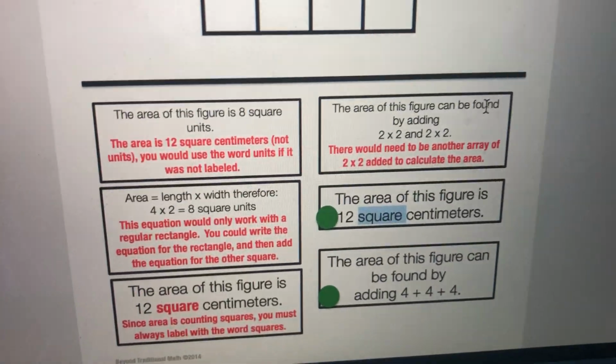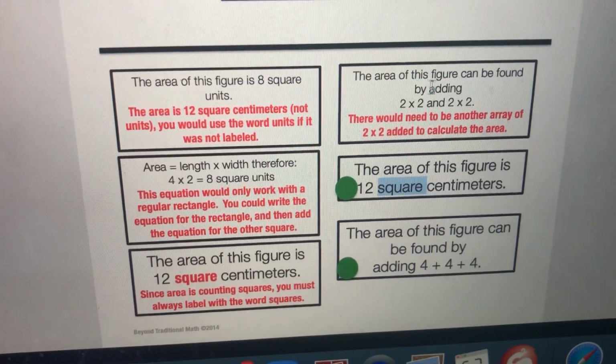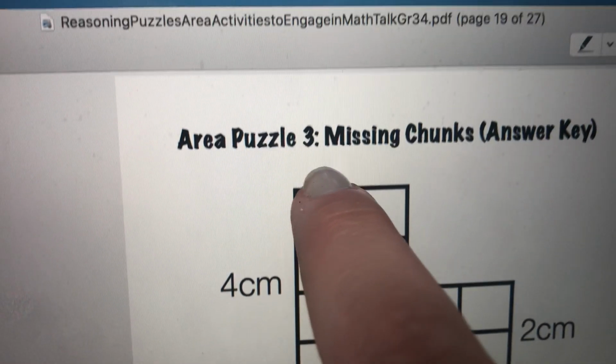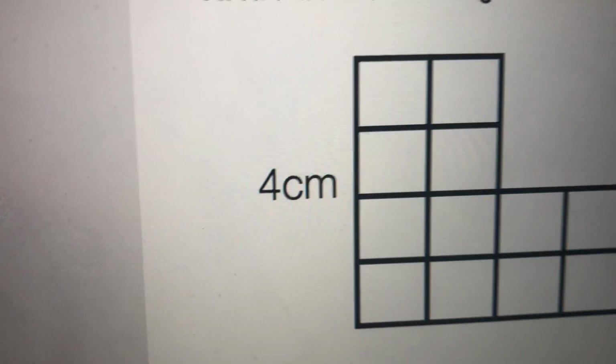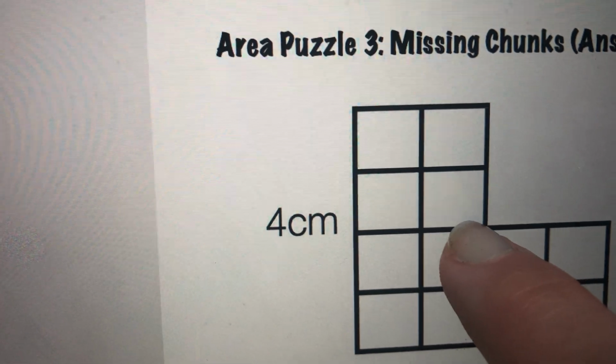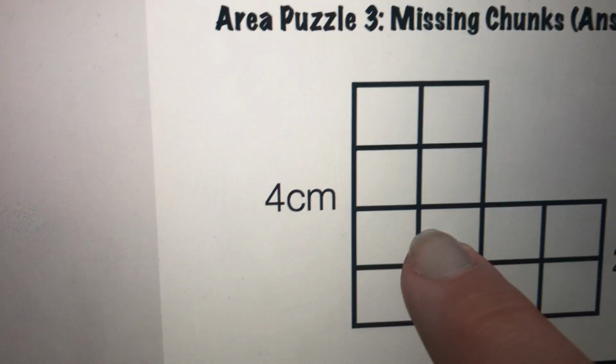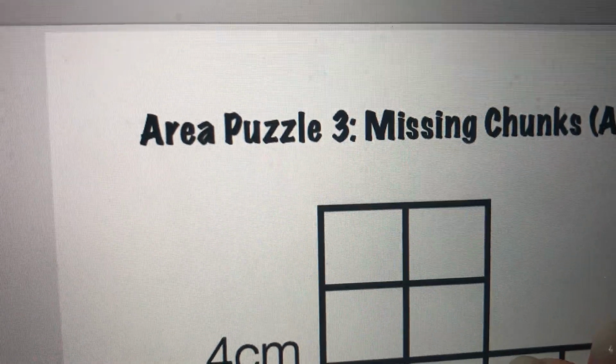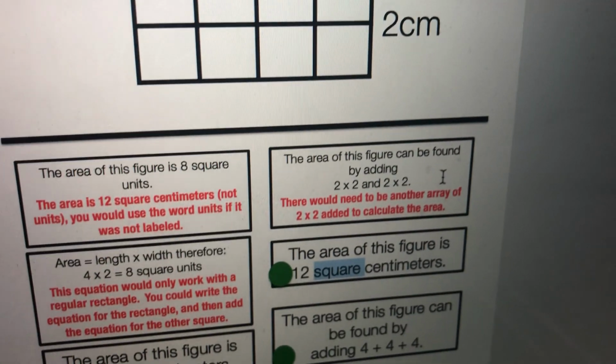Up here, the area of this figure can be found by adding 2 times 2 and 2 times 2. Well, if I did 2 times 2, I would get this chunk. And then if I did 2 times 2, I would get this chunk. But that doesn't count this chunk. That would be 2 times 2 plus 2 times 2, but I'm missing this chunk.